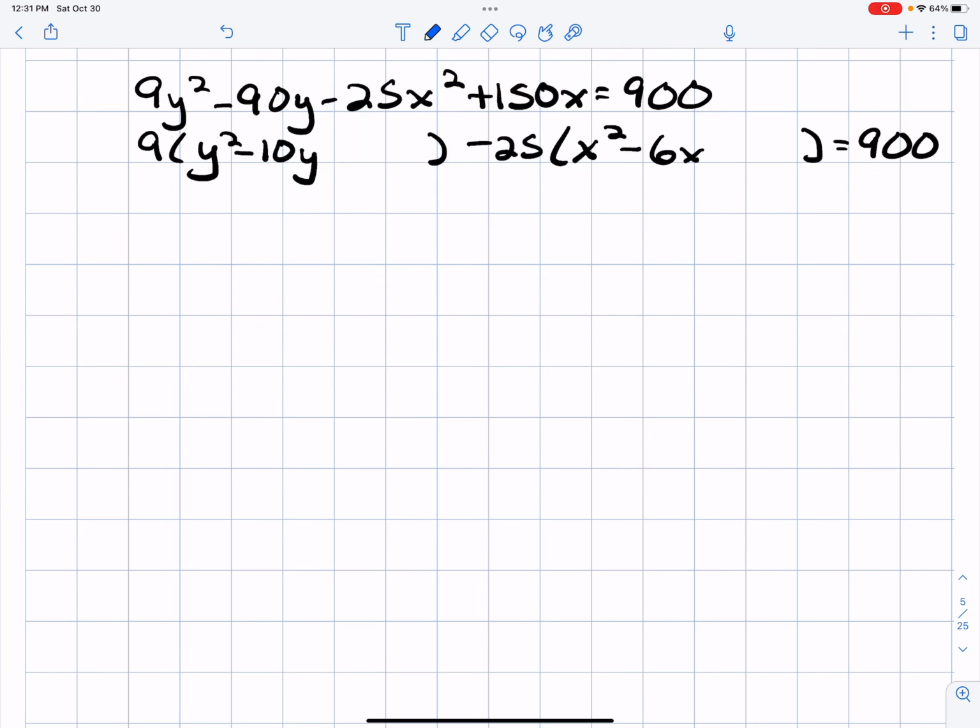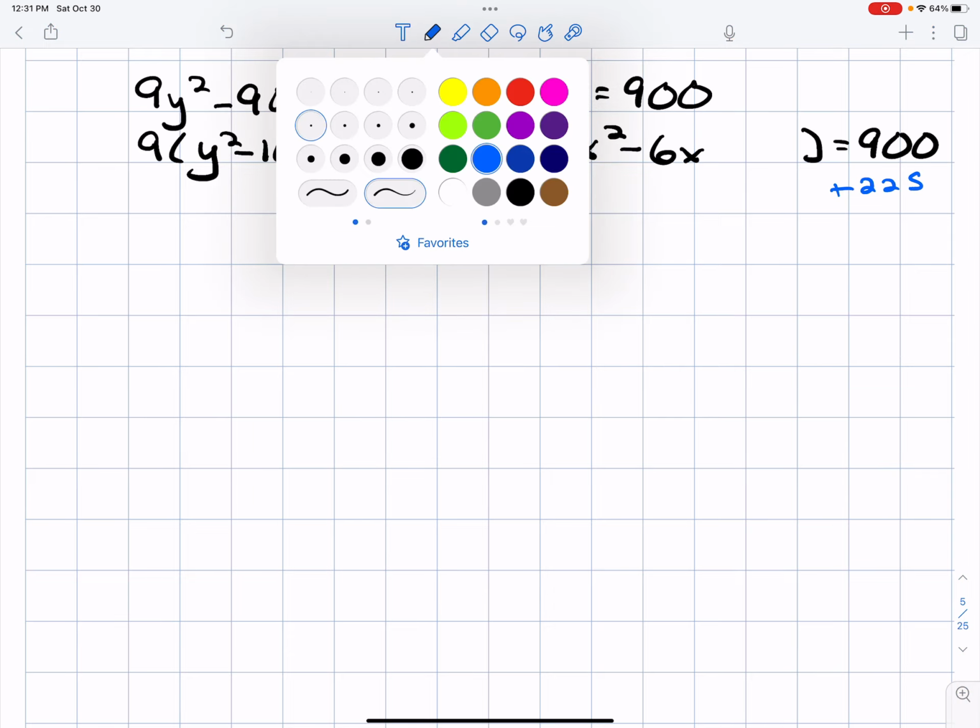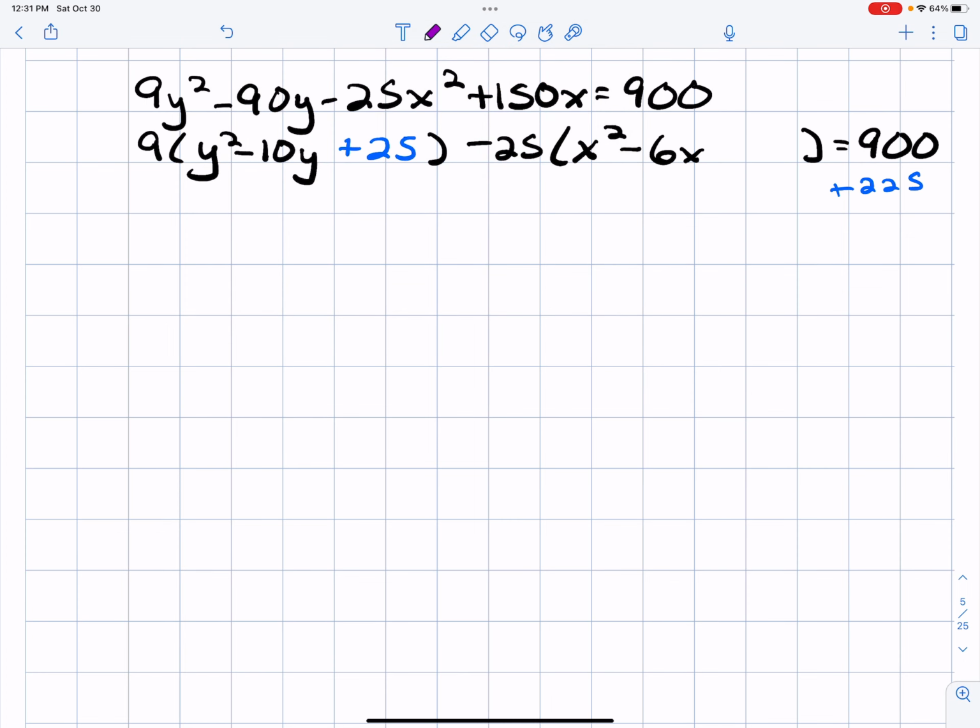So for the y's, you take half of 10, which is 5, and square that, and you get plus 25. But you're not really adding 25, you're adding 9 times 25. So you're adding 225. And then for the x's, half of 6 is 3, squared is 9, so you add 9.